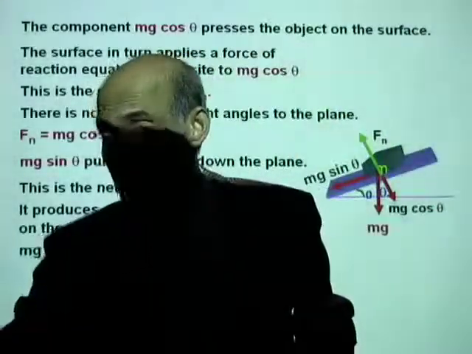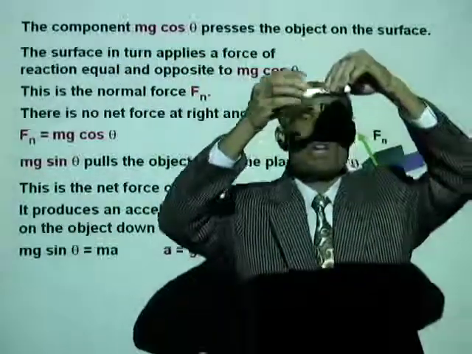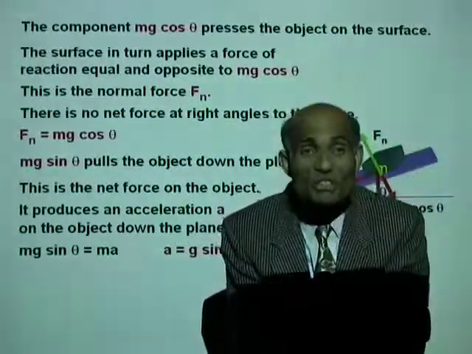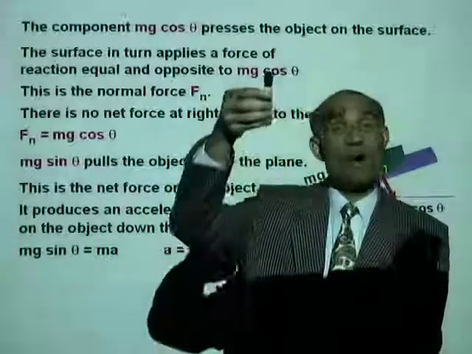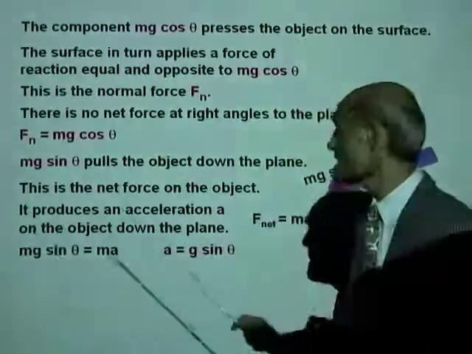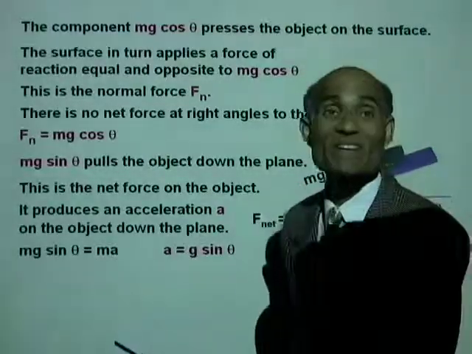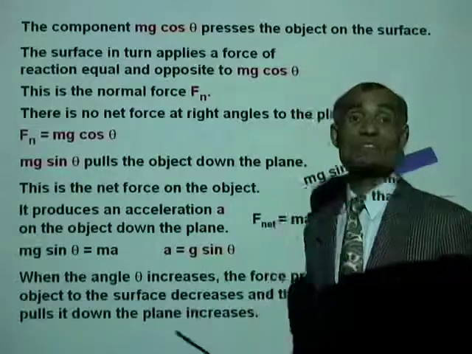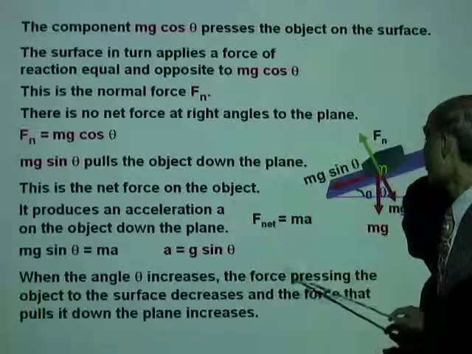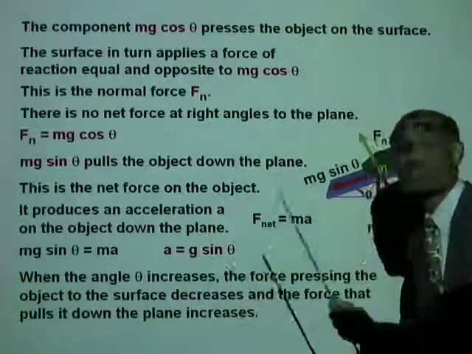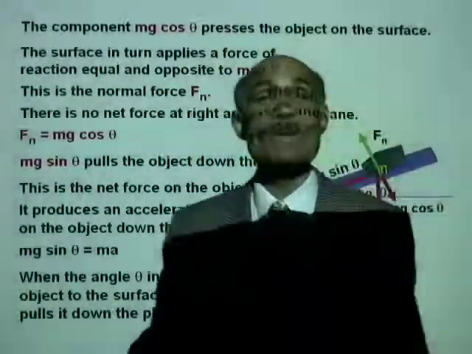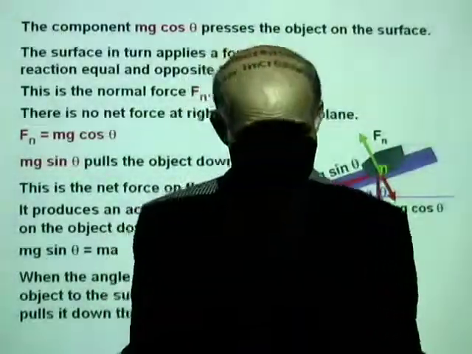So there is a difference from a freely falling object. A freely falling object has an acceleration g, whereas if the object is moving down the plane, its acceleration will be g sine theta, where theta is the angle of inclination. And when the angle theta increases, the force pressing the object to the surface will decrease, and the force pulling it down will increase, as I just showed you.